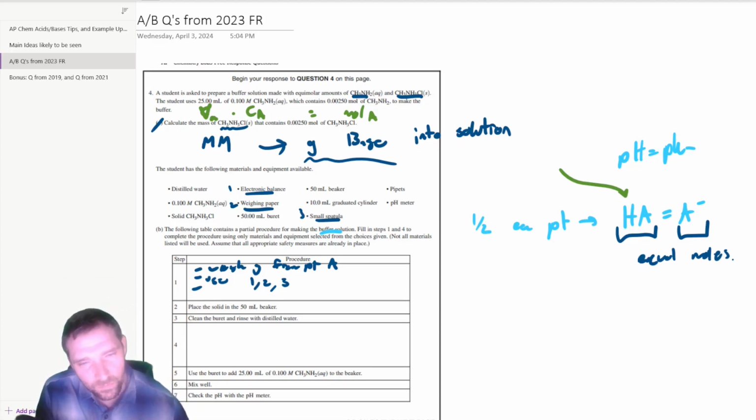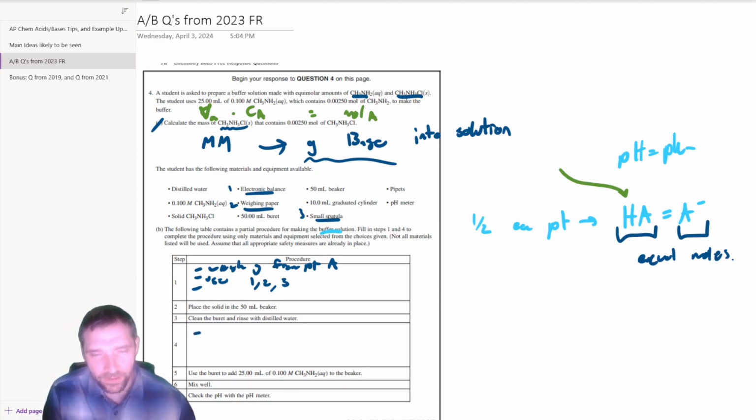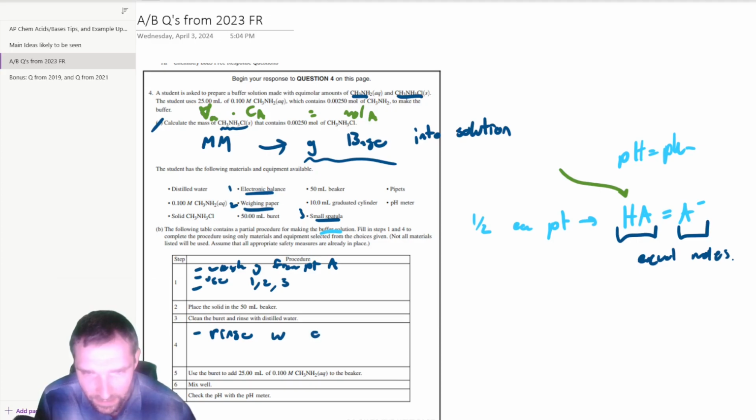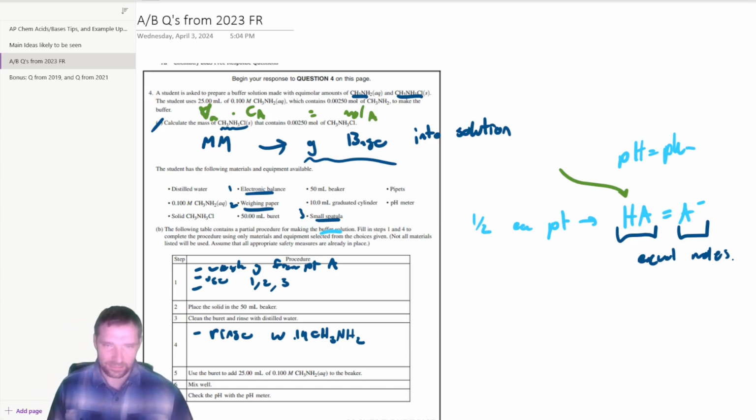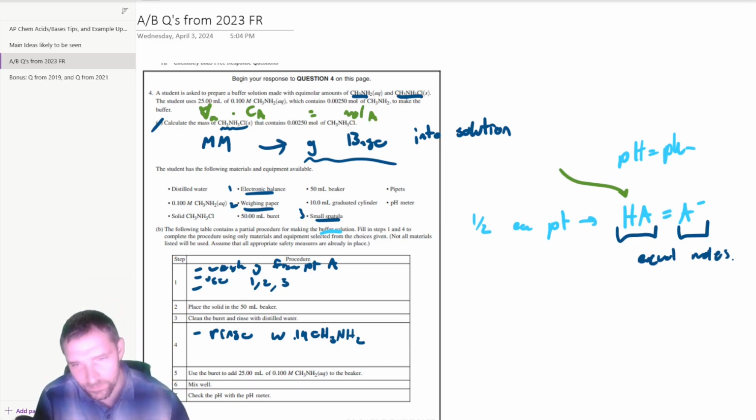There is this part 4 right here, where you want to rinse the burette with the thing that you're going to end up putting in, this CH3NH2 solution, or the 0.1 molar of that, because if you don't, it's going to lead to dilution.